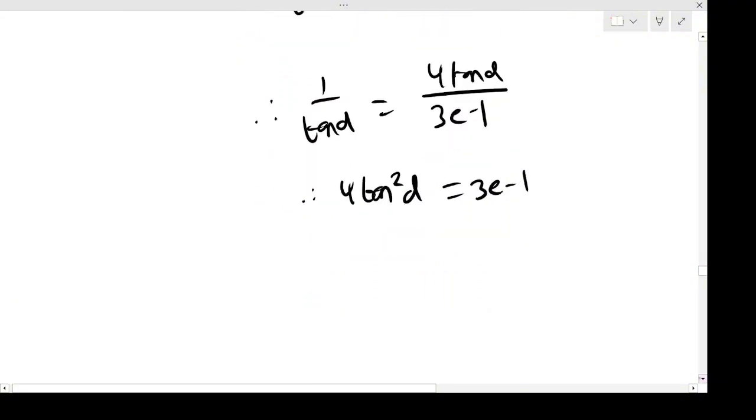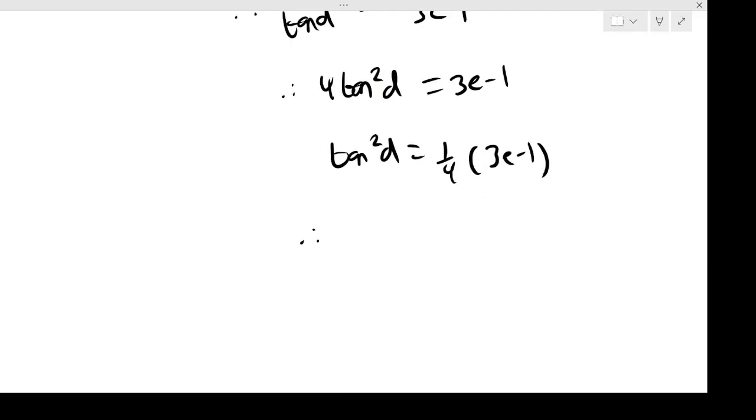Then I want tan alpha, right? So firstly, if I divide by 4, tan squared alpha is 1/4 of 3e minus 1. And so therefore, if we square root both sides, we finally get tan alpha to be, it's not going to be plus or minus, it's just going to be the positive root of this, right? 1/4 of 3e minus 1.